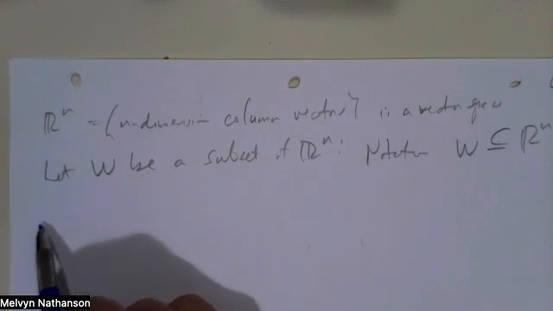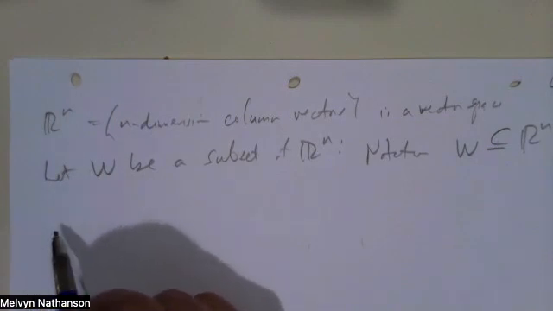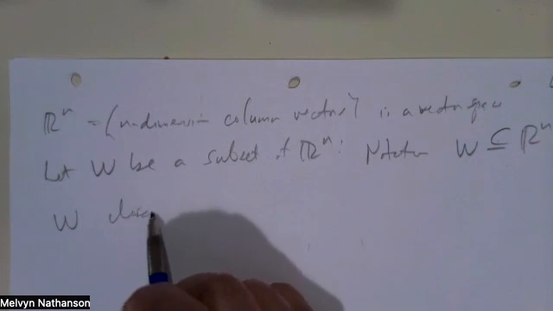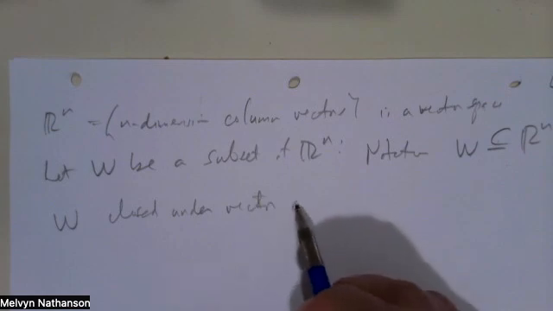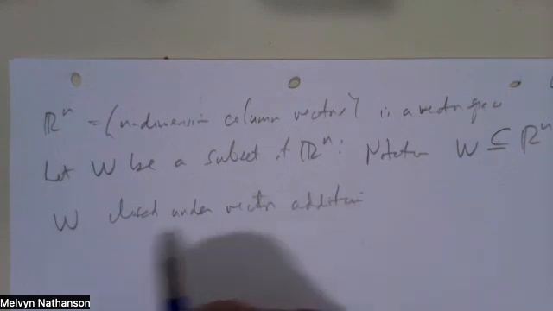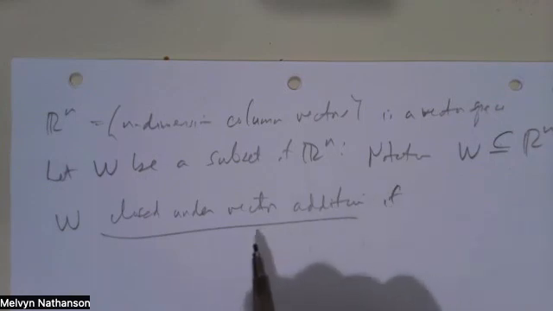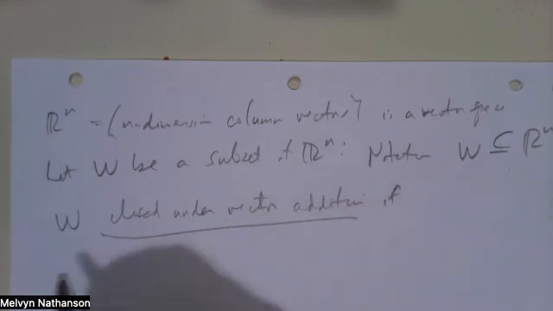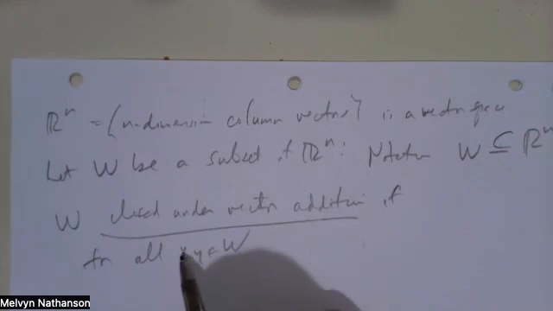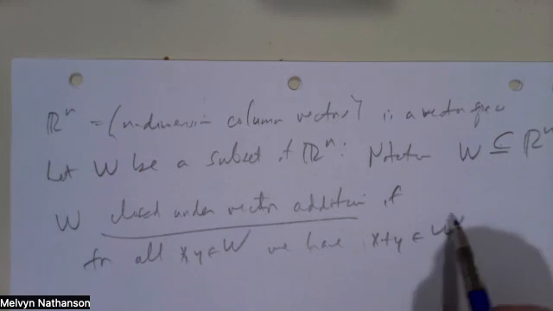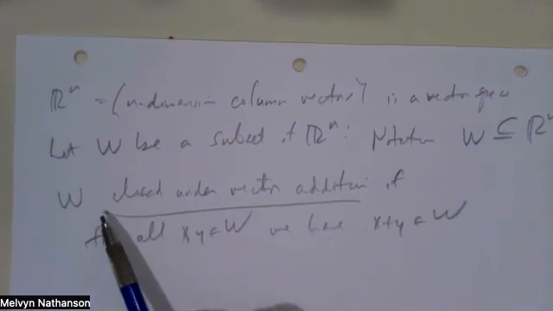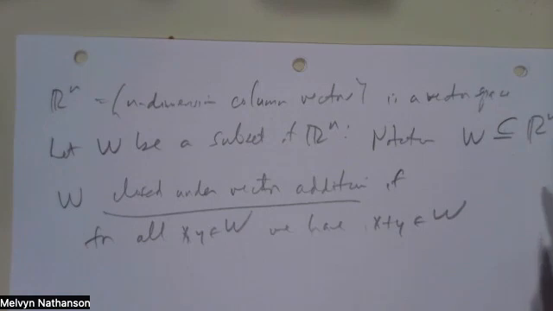We say that, so this is sort of terminology, W is closed under vector addition if for all vectors x and y in W, we have x plus y is in W. That is, if you take any two vectors in W and add them, you still stay inside of W.